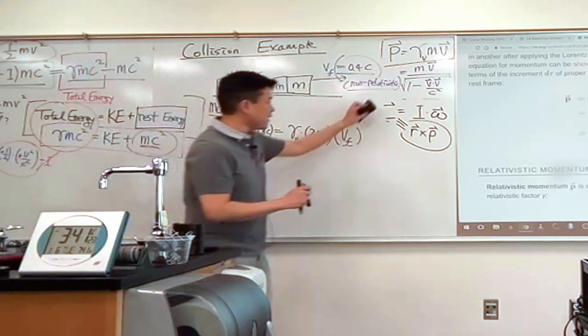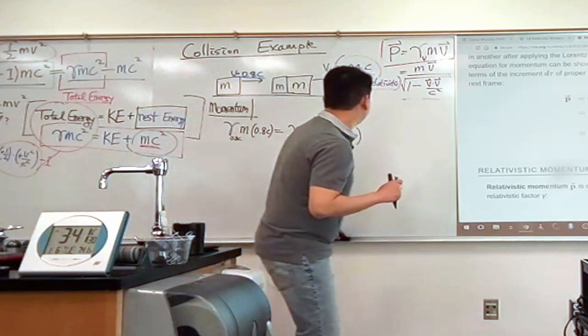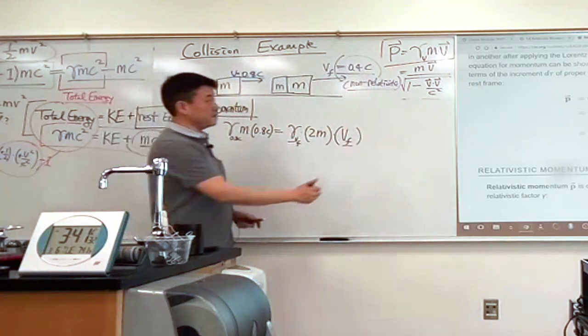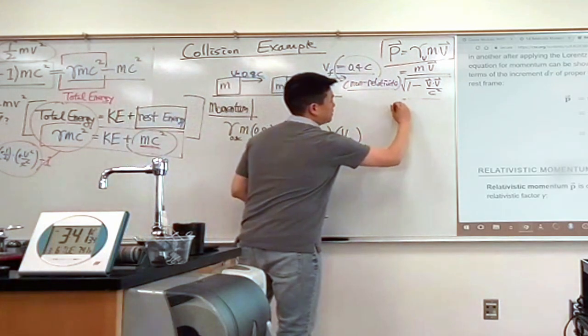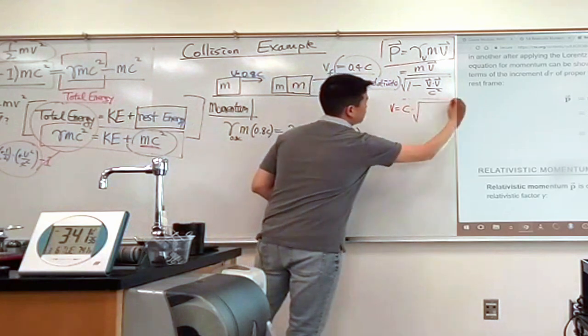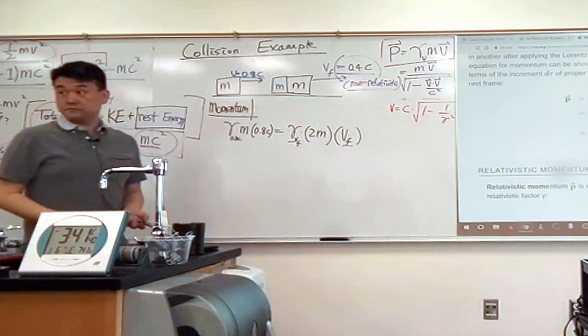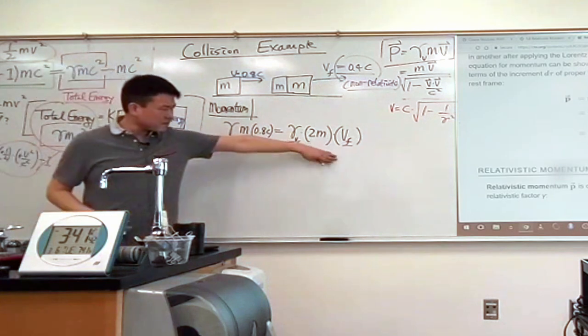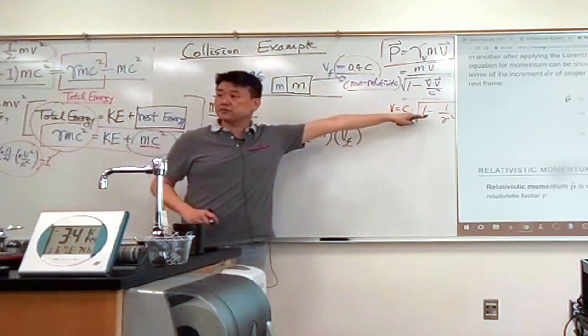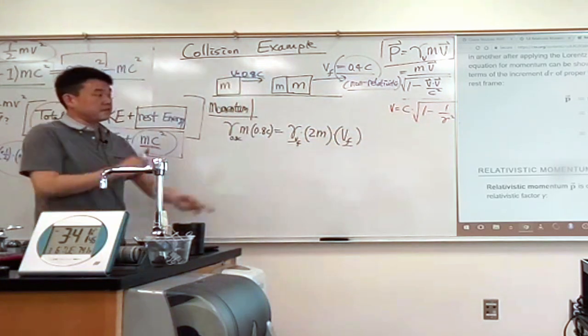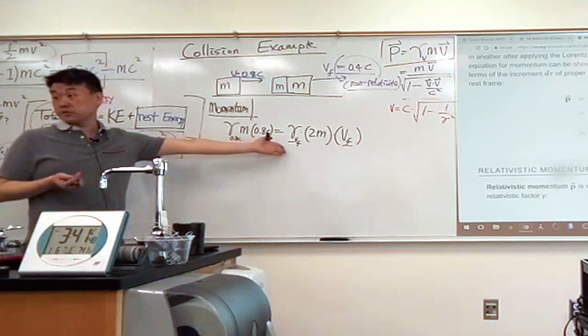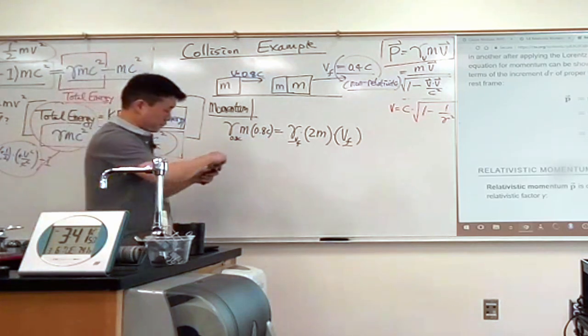In fact, let me rewrite that expression for v in terms of gamma again. So v in terms of gamma was c times the square root of 1 minus 1 over gamma squared, right? So let me rewrite the right-hand side in terms of that so that you are not confused into thinking that there's two unknowns here. There's really only one unknown.